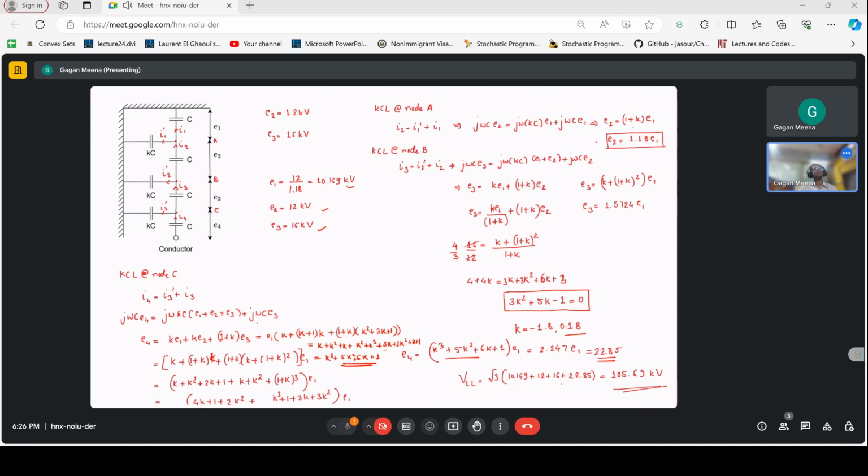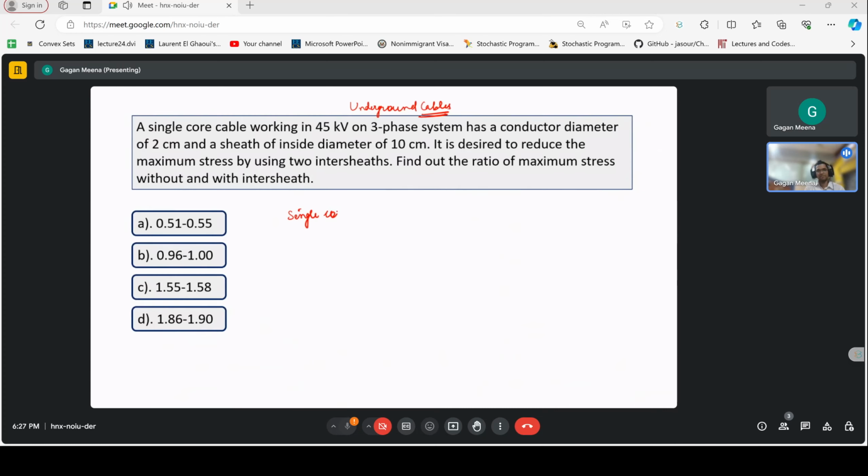So conductor diameter is given as 2 centimeters, so small r is 1 centimeter. So it is something like this. We have this conductor here, radius, this is r, and this is capital R. So this is a sheath. Dielectric material. Capital R is 5.